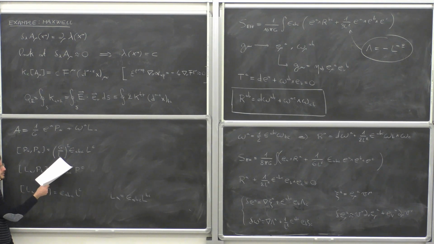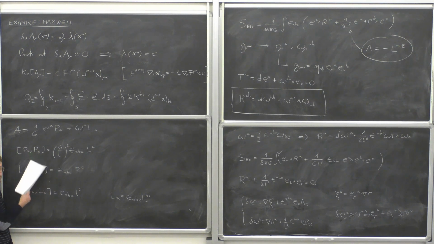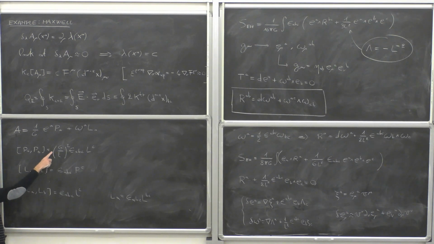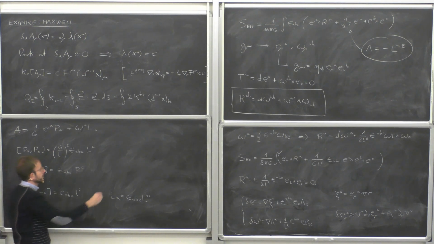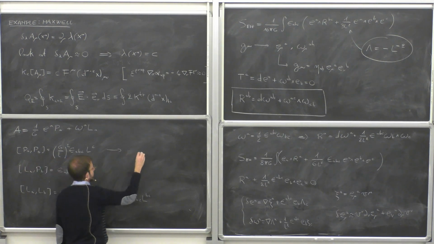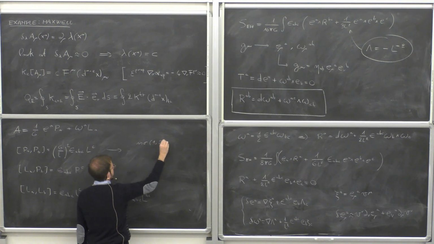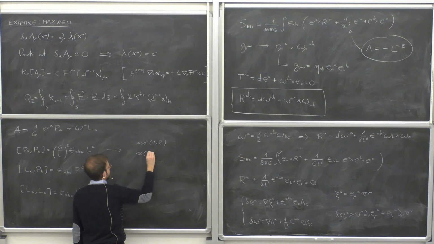If L goes to infinity, this is just the Poincaré algebra in 3 dimensions. If L is real, this is the anti-de Sitter algebra in 3 dimensions. And if L is imaginary, L squared just changes sign and it becomes the de Sitter algebra in 3 dimensions. So this algebra, depending on the sign of L, could be either ISO(1,2), SO(2,2), or SO(1,3).